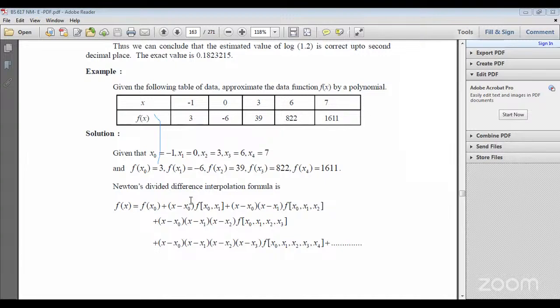f of x naught, then (x minus x naught) f of x naught x1, then (x minus x naught)(x minus x1) f of x naught x1 x2, and (x minus x2) f of x naught x1 x2 x3. So we take x minus x naught, x minus x1, x minus x2, x minus x3 with x naught, x1, x2, x3, x4.